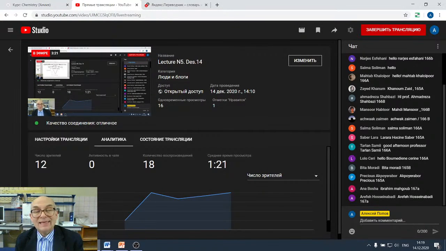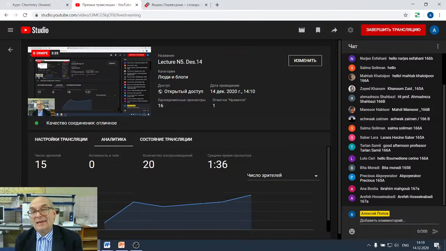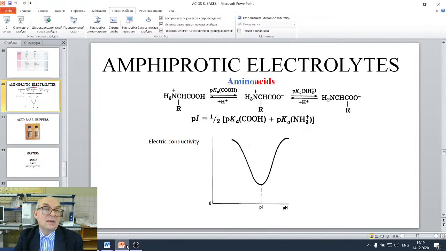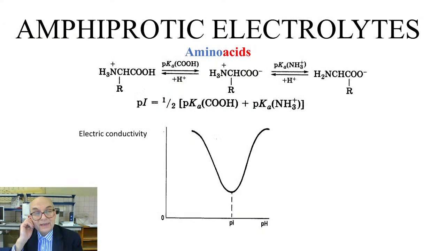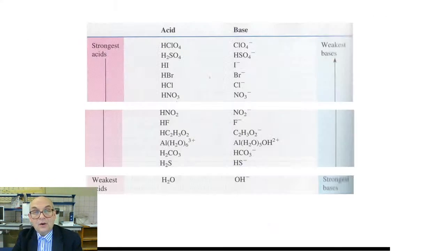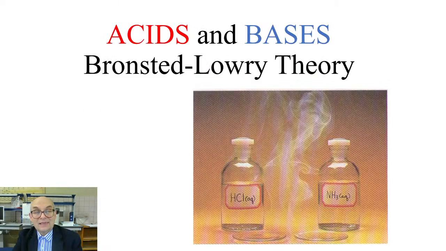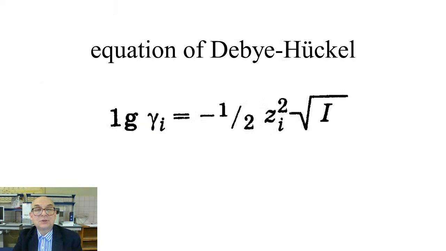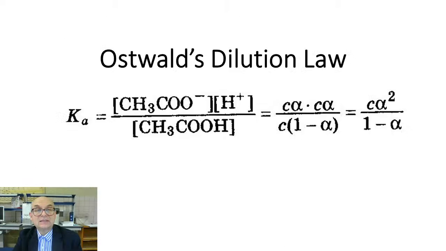We considered acid-base equilibrium, and we said that an electrolyte may be an acid or a base, maybe stronger, maybe weaker, and the quantitative characteristic of the electrolyte strength is the ionization constant.